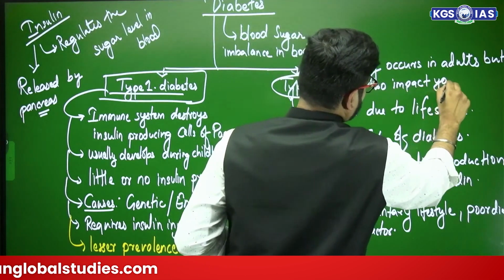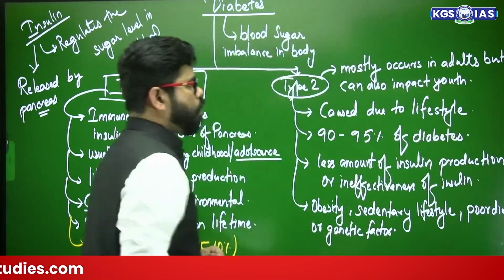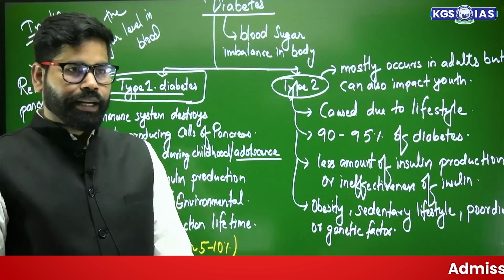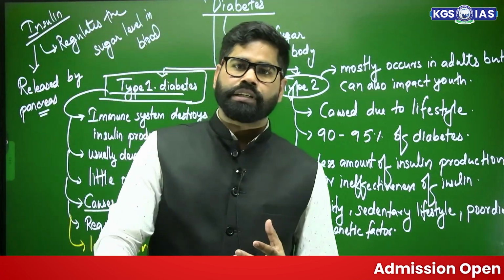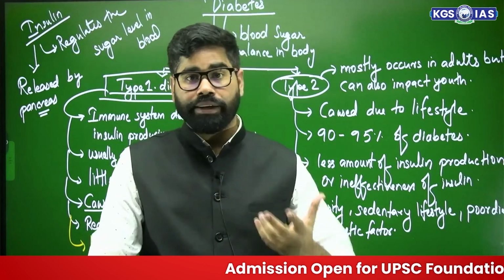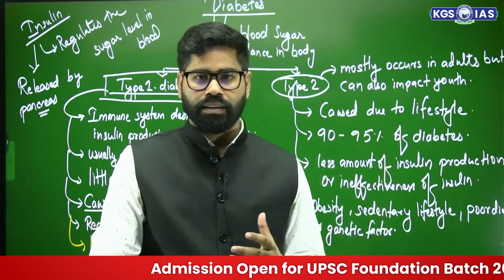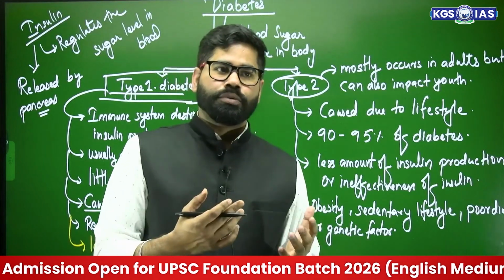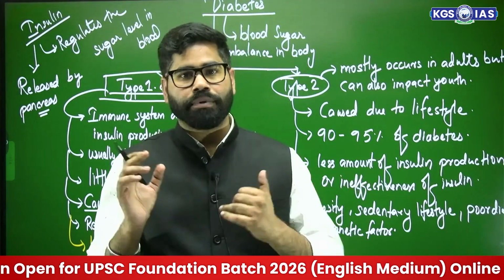Nowadays those people who are 30 to 35 years old are also developing this diabetes, and that too on a very large scale. Normally when people are 30 or 35, they assume that they cannot have any disease.